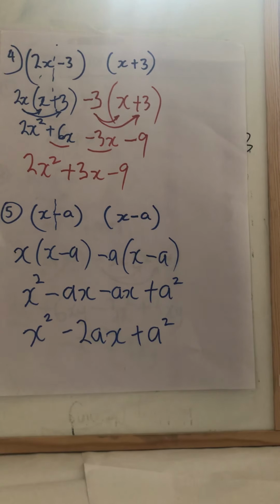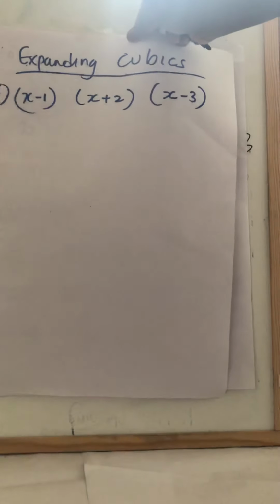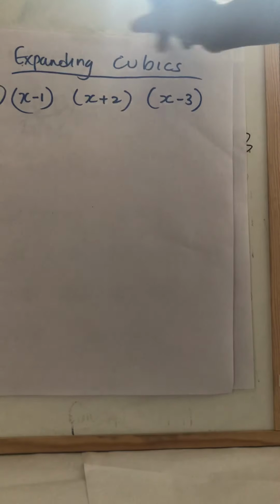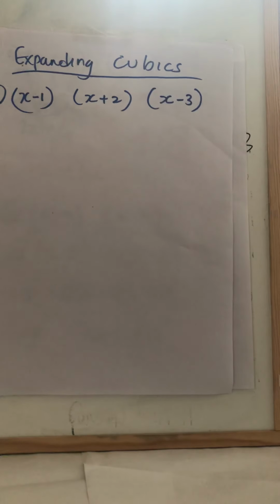We can actually move on to expanding cubics. It is the same thing, but this time around we are going to be multiplying 3 brackets. What we have to do is start by expanding one pair of brackets.